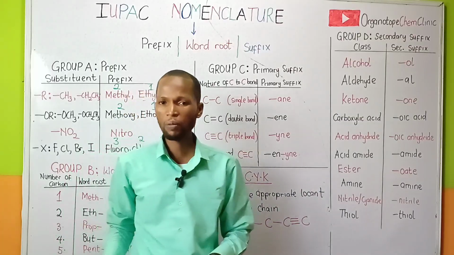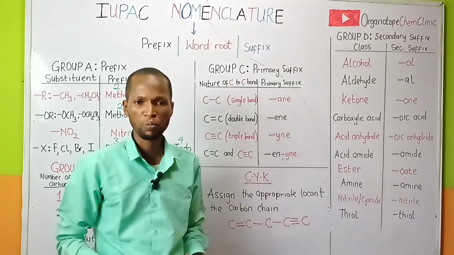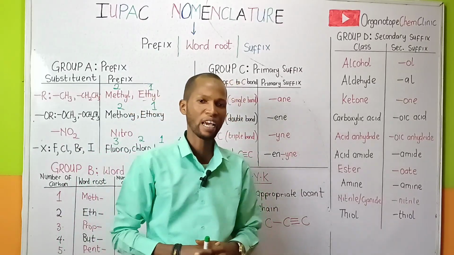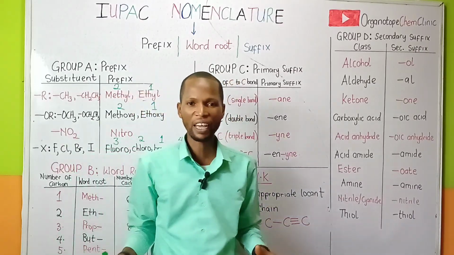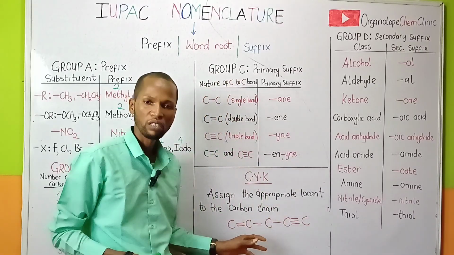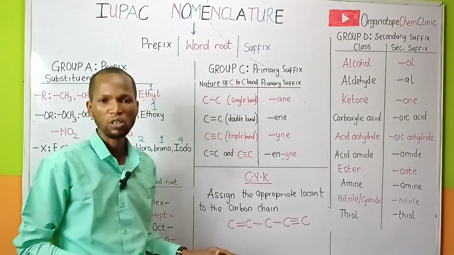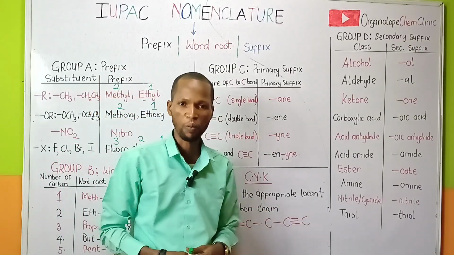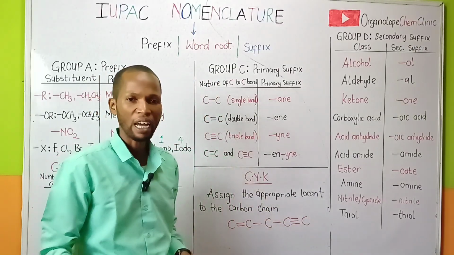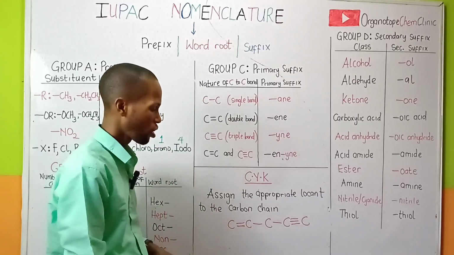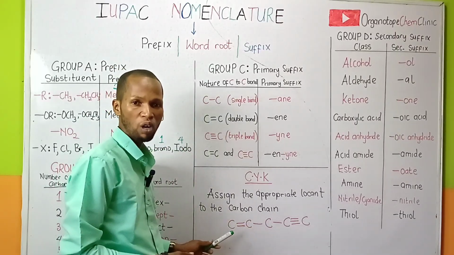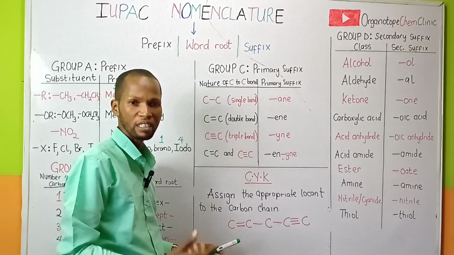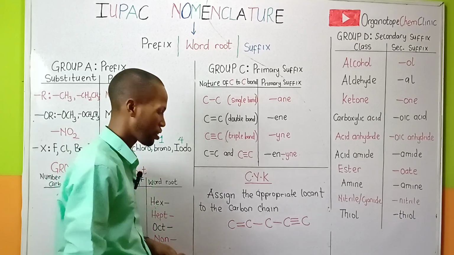Now, between the carbon-to-carbon double bond and the carbon-to-carbon triple bond, which one has the higher priority? That's right, the carbon-to-carbon double bond is considered over the carbon-to-carbon triple bond. Therefore, we will start our counting from the side closer to the carbon-to-carbon double bond to indicate its higher what? Priority.